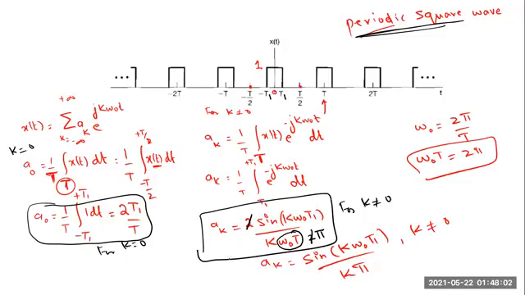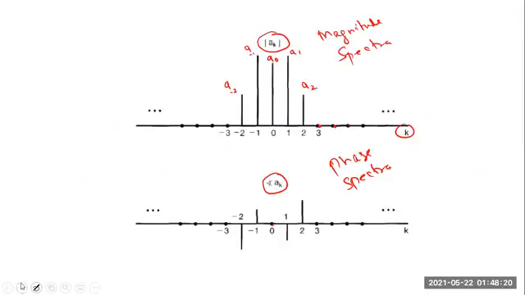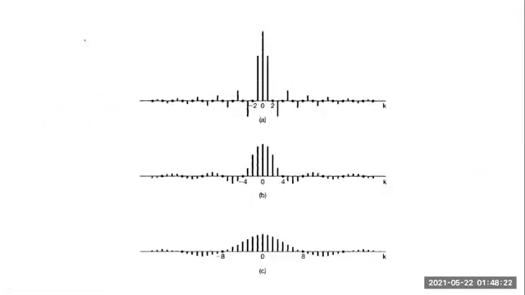Now, if you plot these Fourier coefficients, so this is a0 and then for different values, you can find a1, a minus 1, a2, a minus 2. You will find out that if you put different values, so let me go back to the figure. This is actually the plot of the signal, but let me first write down the Fourier coefficients.